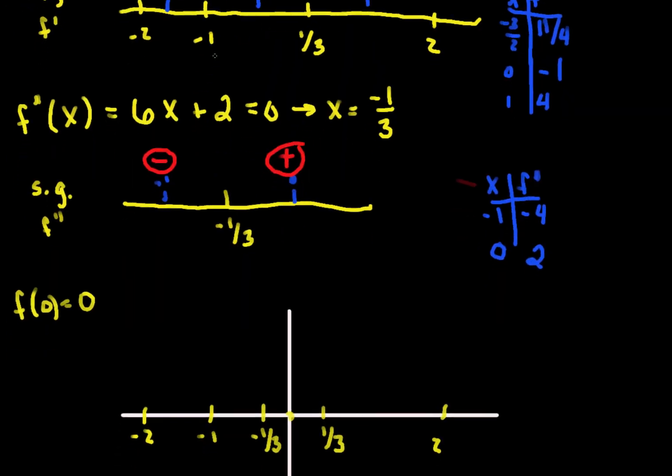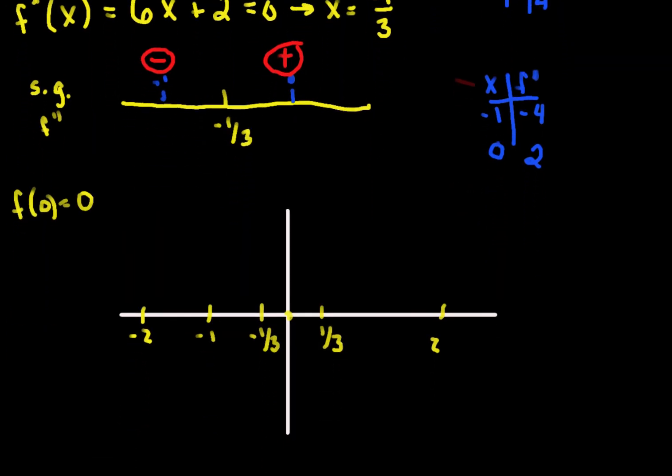And so going backwards, I know from there, let's put some kind of demarcations. -1/3 is where we change concavity. 1/3 is where, let's do a different color, 1/3 is where we will change our slopes, and -1 is where we will change our slopes.